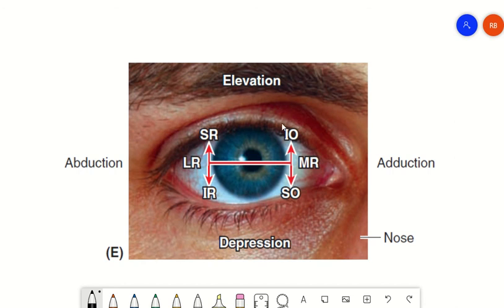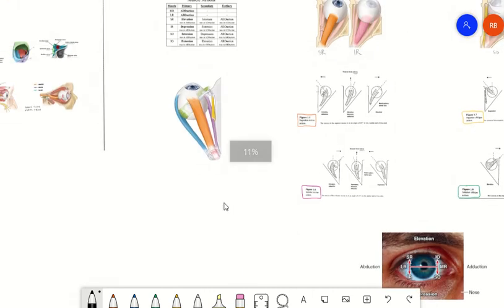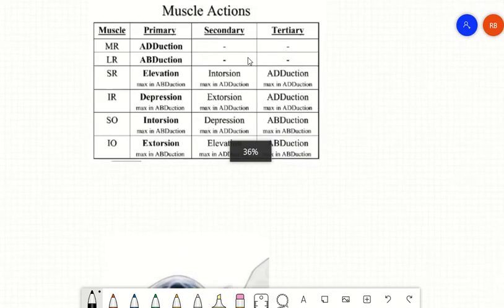Now remember what we said about the inferior and superior oblique. When we're testing up and down towards the nasal side of the eye, that means the eye is adducted. So what do they do best in adduction? Well, we said this before.